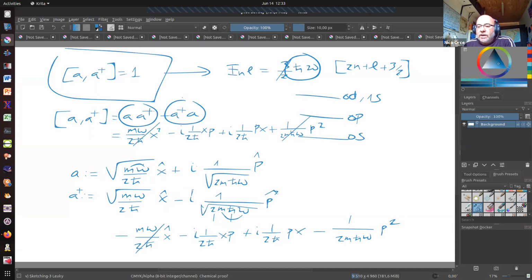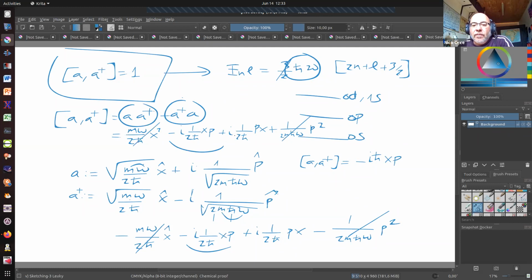And this p squared goes with this p squared, and then finally we have that A A dagger minus A dagger A is equal to, let's put this guy and this guy, minus 2 times this, so minus i over 2h bar xp.